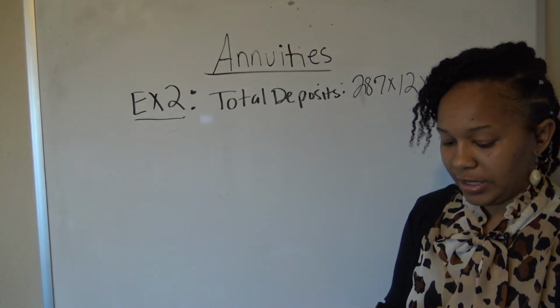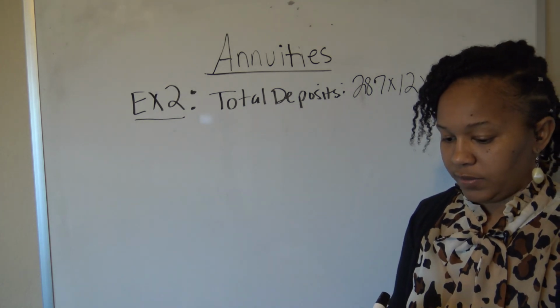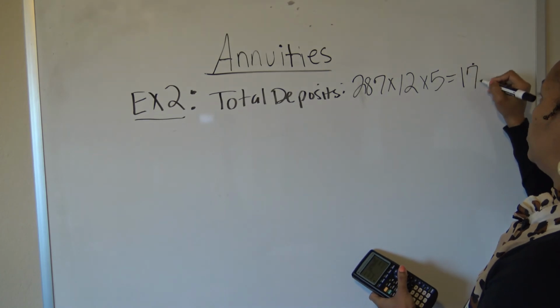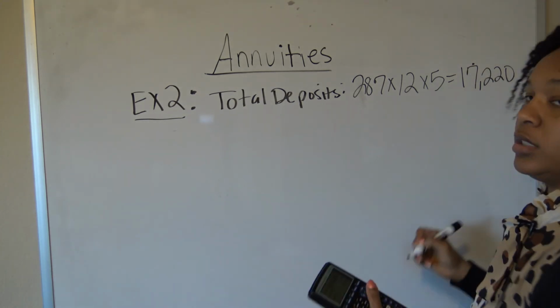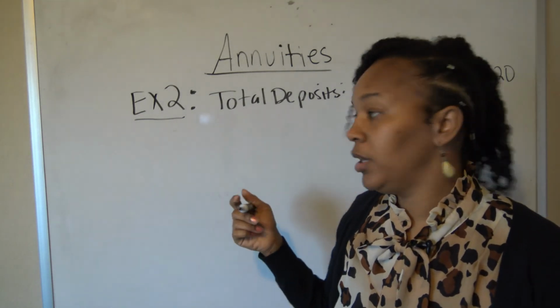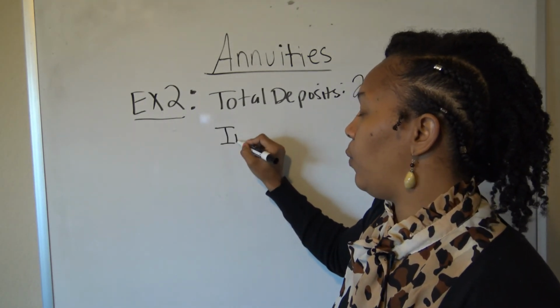So 287 times 12 times 5 is 17,220. So that means 17,220 comes from deposits, money that we put in.